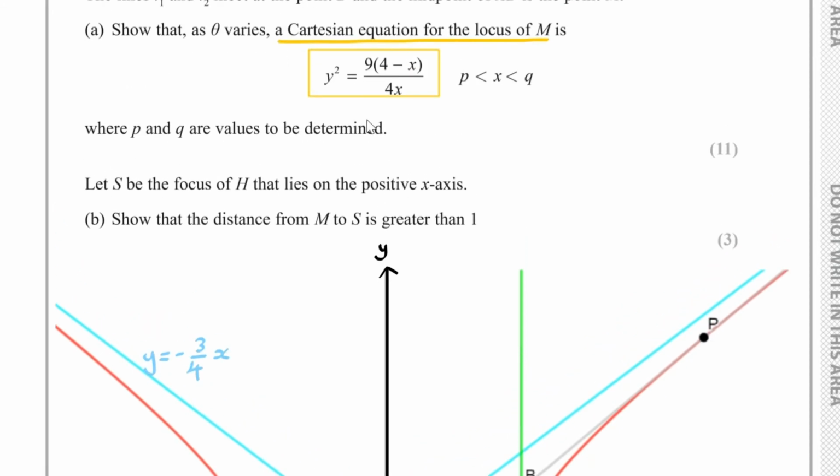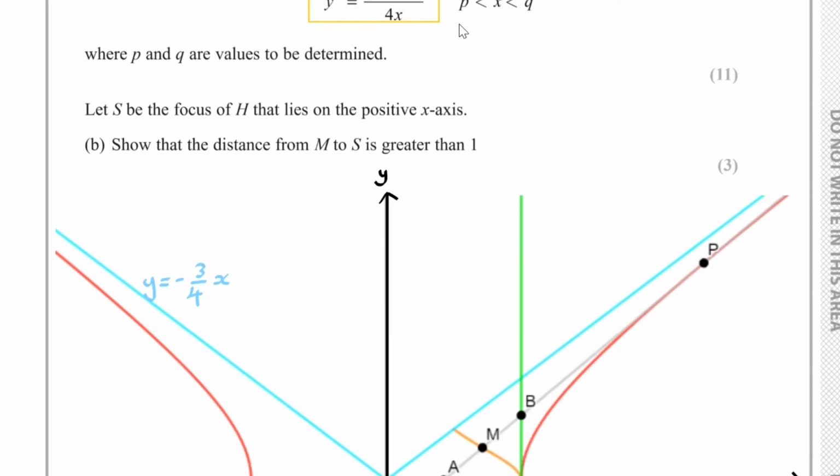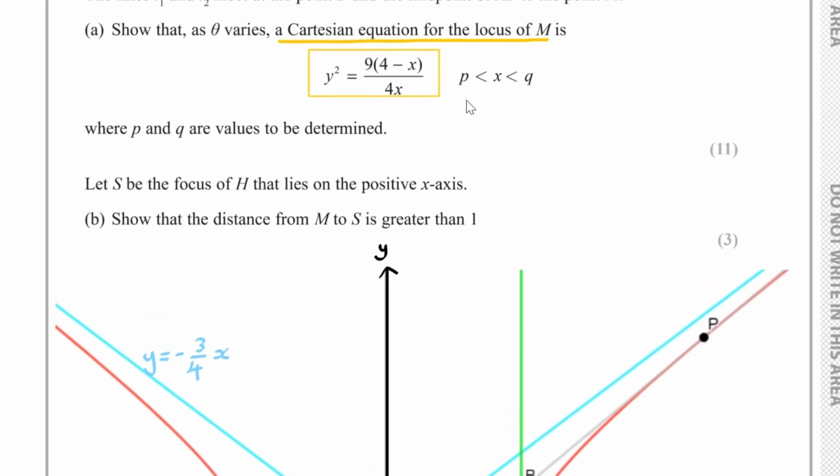And this line is this equation here, y squared equals 9 lots of (4 minus x) over 4x. And it actually becomes quite obvious that P and Q are 2 and 4 from here. Okay, so if we square root both sides, you can hopefully see that P is equal to 2 and Q is equal to 4.